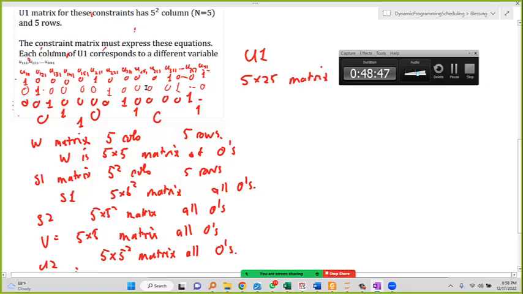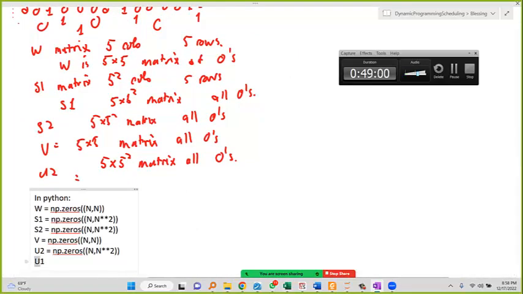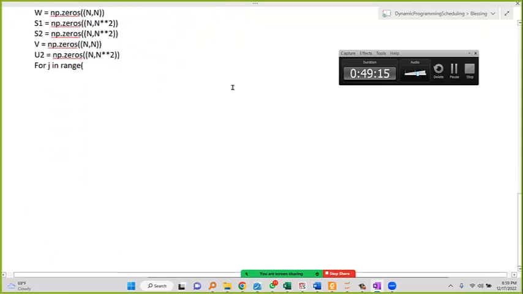So to get U1, I would have to do a for loop. I can't see what you're typing. Can you scroll up? Sure. For J in range of N.